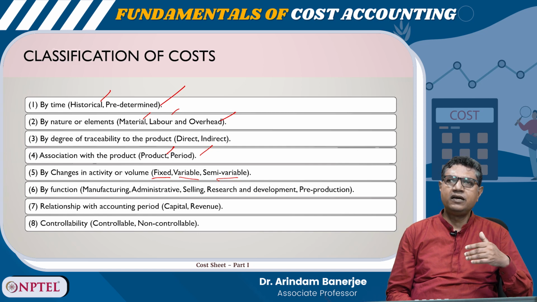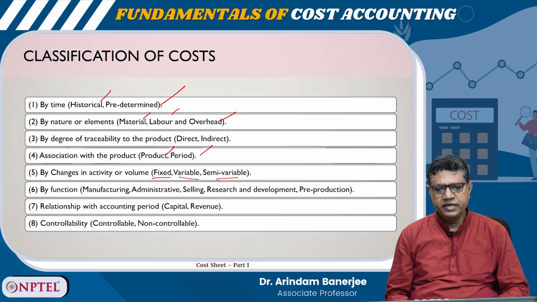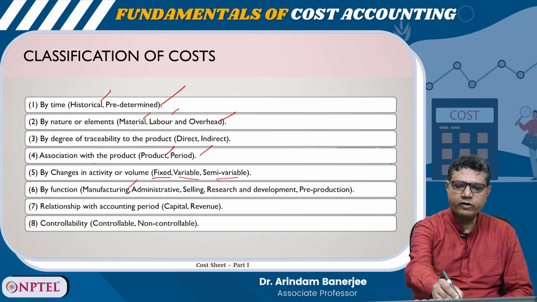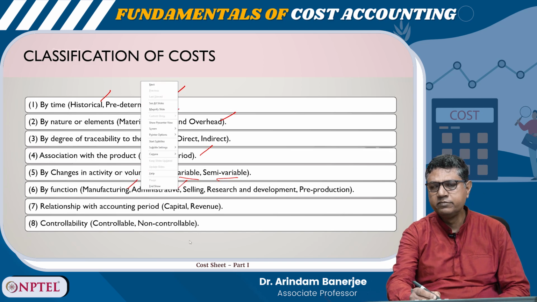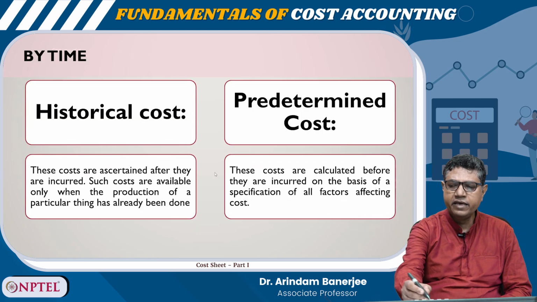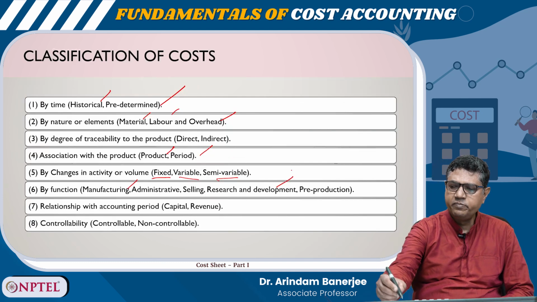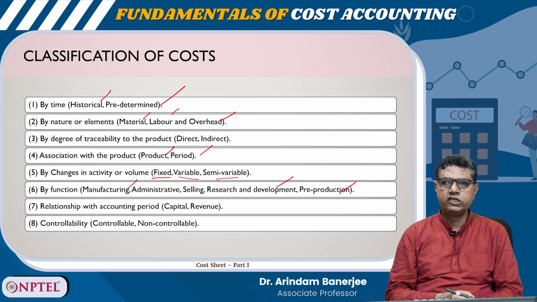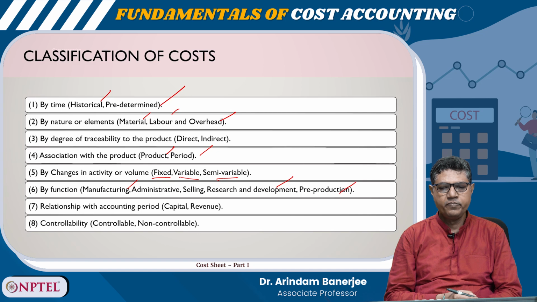So it is not completely variable, but a kind of semi-variable type of cost. Then it can be by function also. Function means it may be related to manufacturing, administration, selling, research and development, or pre-production. So depending on their function, we can also classify the costs.